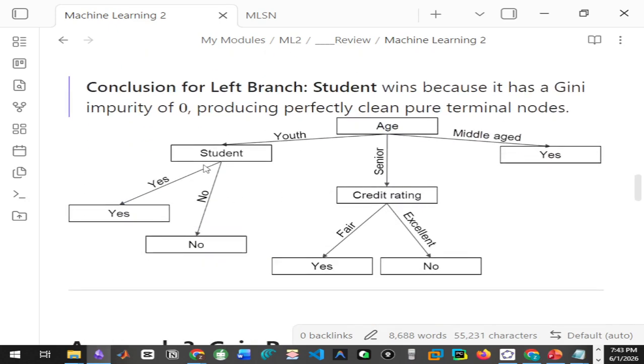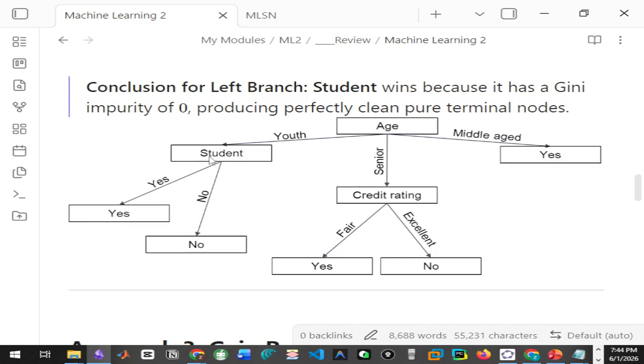As you can see, for the leftmost we have the center, the left and the right. If we have the middle age, it's a direct prediction that it is a yes. But if it is youth or senior, we can't say.